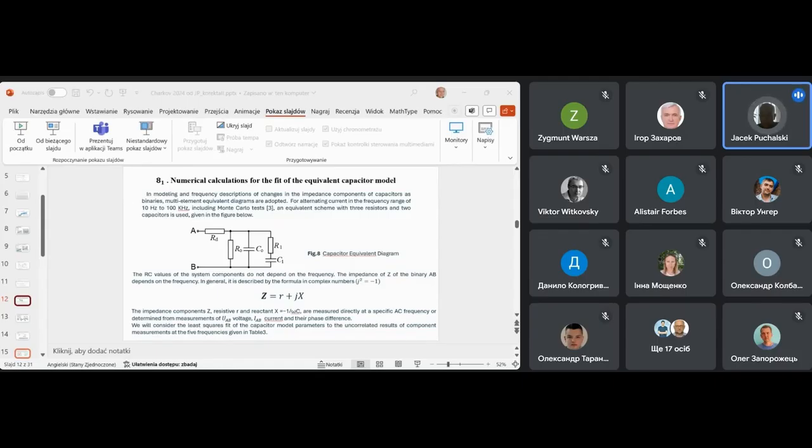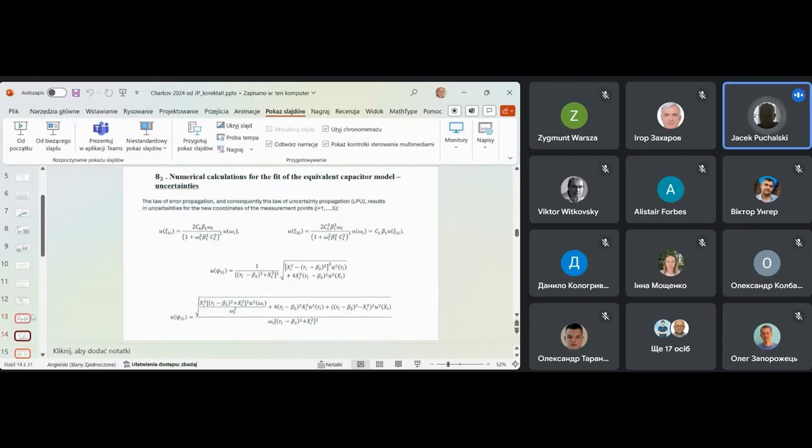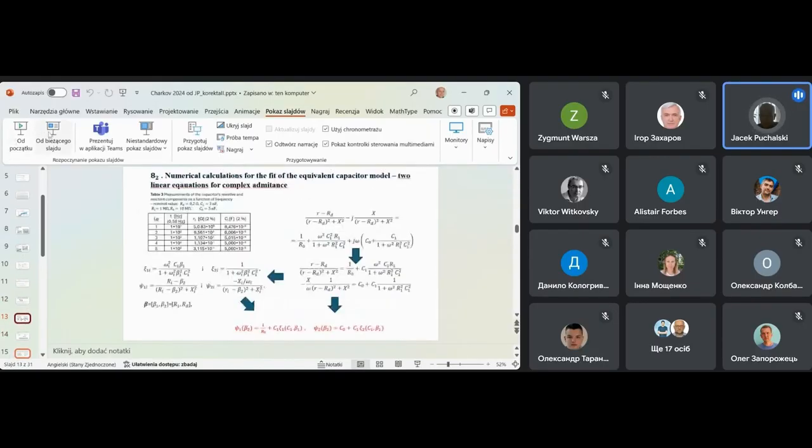The problem is it's not possible to resolve this equation, so find the data from measurement, the value of resistance and reactance of the capacitors. It's not possible to find the elements of the equivalent diagram directly.